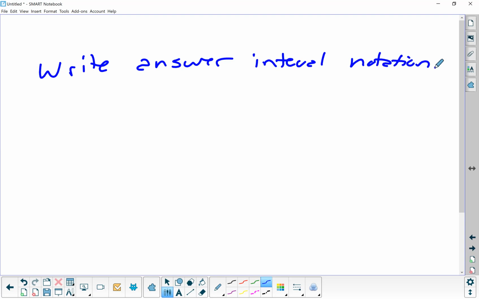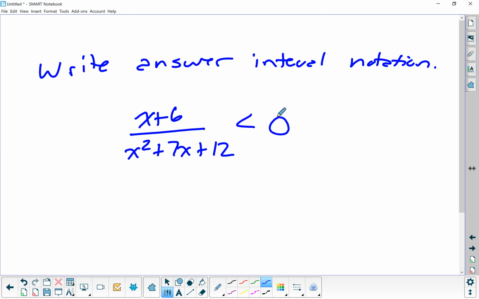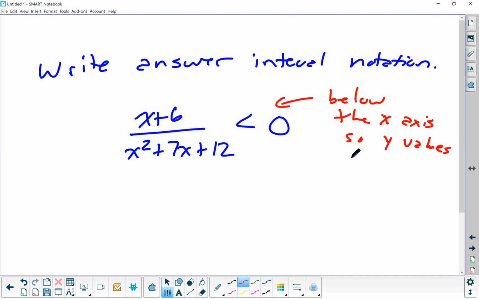Okay, so let's say we probably give you a problem like this, and we want to know where this is less than 0. The less than 0 means below the x-axis, so your y values are negative.